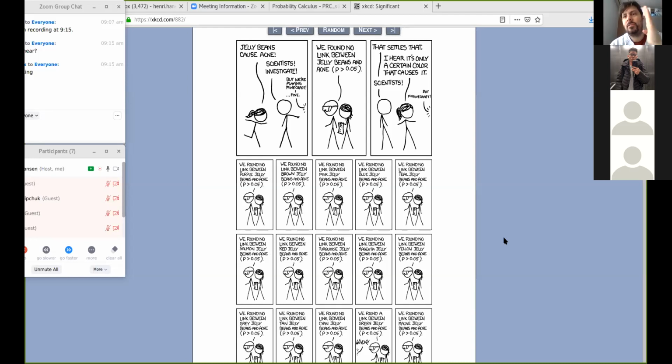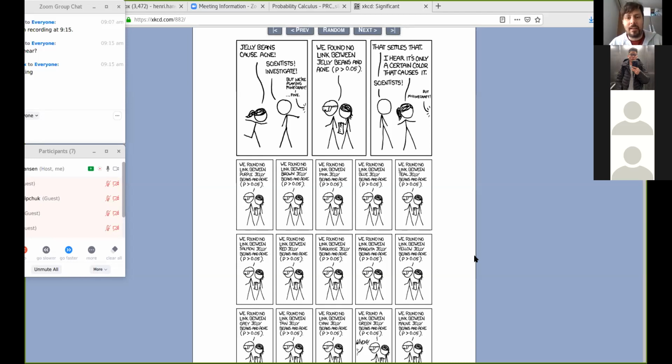So you take people with acne: is the probability of getting acne higher if you eat jelly beans, or is it not? You get these two alternative hypotheses. The null hypothesis would be that the probability of getting acne is the same with or without jelly beans. And if the p-value is greater than 0.05, we conclude that there is no link.